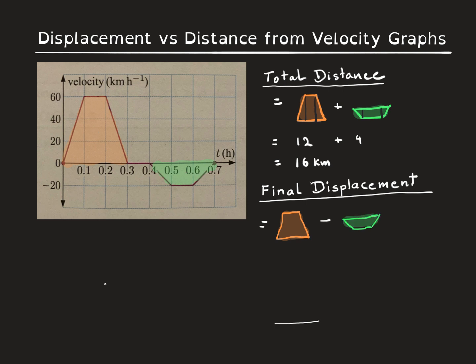So that as the car travels backwards to its original place, we need to take that distance away. That is 12, take away 4, and the final displacement would therefore be 8 kilometers.